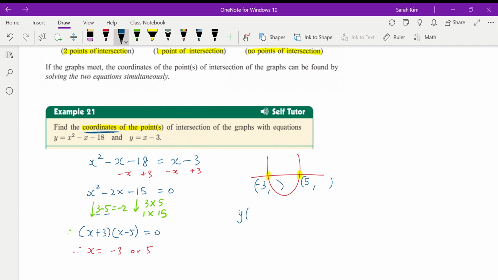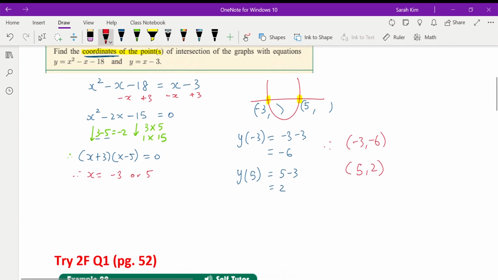I'm going to substitute minus 3 into the linear equation, and I should be able to find my answer, minus 6. I should be able to substitute 5 and find my answer. So this is my final answer. The coordinates would be minus 3, minus 6, and 5, 2. There you go. These are the coordinates of intersection for these two graphs.